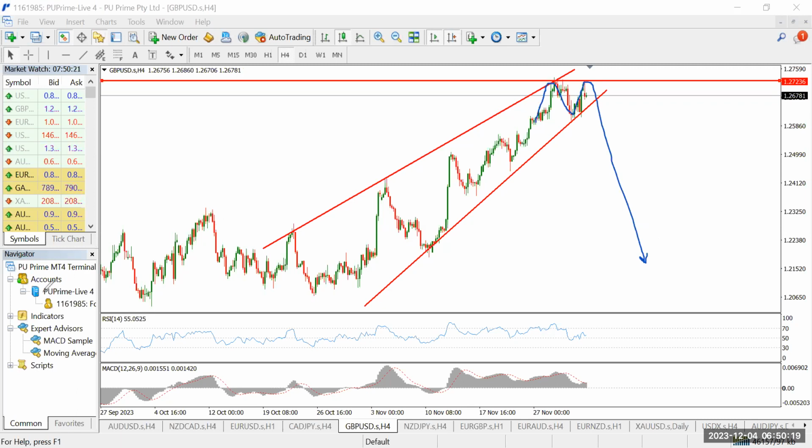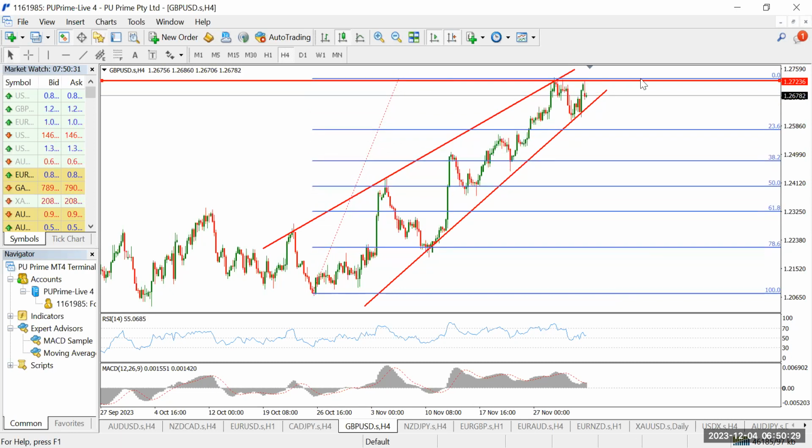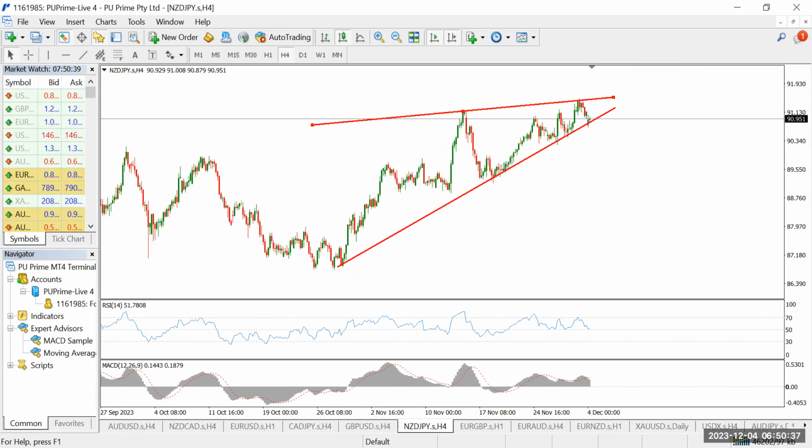So I'm bearish biased on GBP USD, and I'll be looking to take a bearish trade once price breaks out below the lower trend line. And I can equally use my Fibonacci as my profit-taking level, in which case I'll be expecting price to hit Fibonacci 38.2, 50, 61.8, and 78.6 as profit-taking levels.